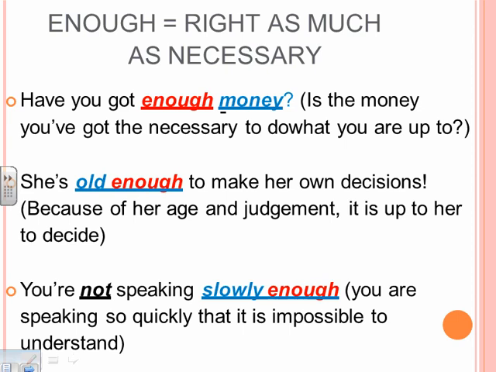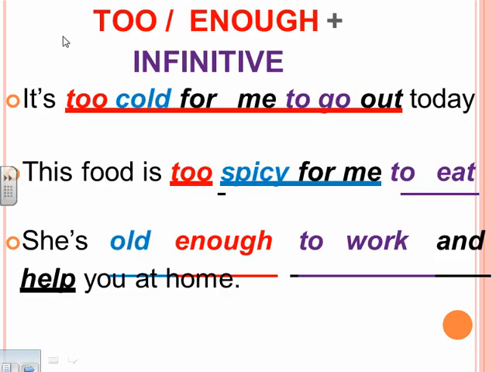Okay, so now I want you guys to look at this. Another thing, which is too or enough plus infinitive, okay, the form is like this. It's too, then I put the adjective, then I put to again, but with one O, and then the verb in the infinitive. The class is too cold for me to stay in.